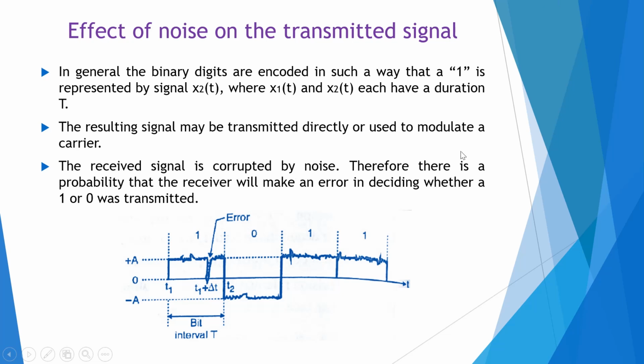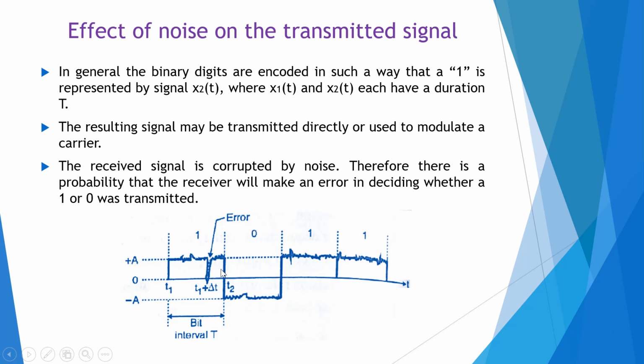Here we can see the bits are represented with amplitude levels, that is plus A and minus A. If the bit is 1, it is represented with plus A. If the bit transmitted is 0, it is represented with minus A amplitude.